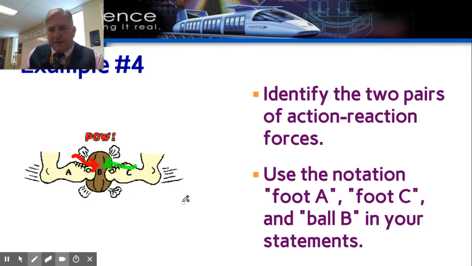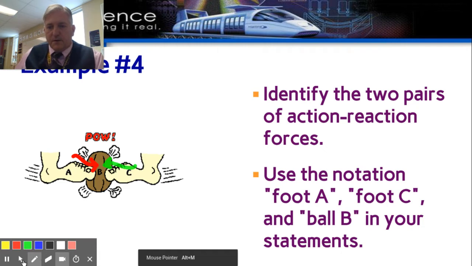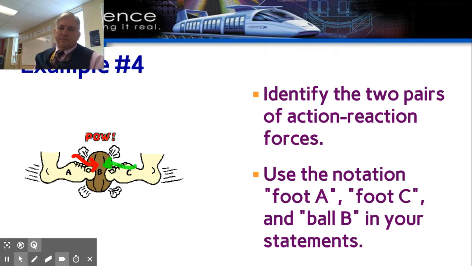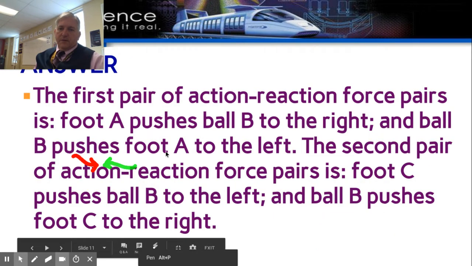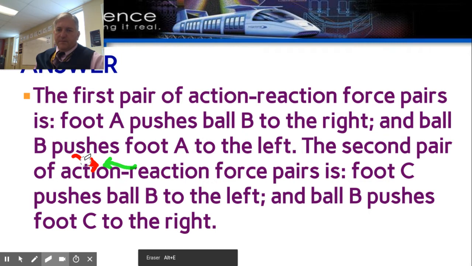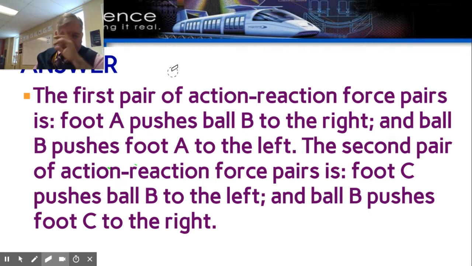So what does that mean for C? So we're going to take this back out. It's not exactly a science yet, but hey, we'll go. So the answer would be that the first action-reaction pair is: foot A pushes ball B to the right, and the ball pushes foot A to the left. The second pair: foot C pushes the ball to the left, and the ball pushes back to the right.